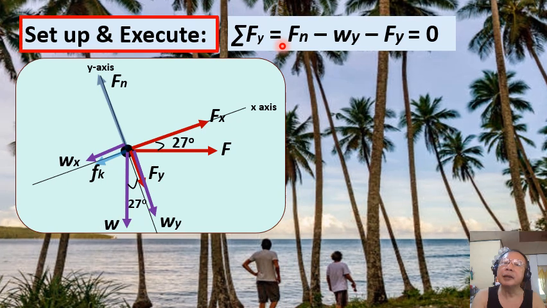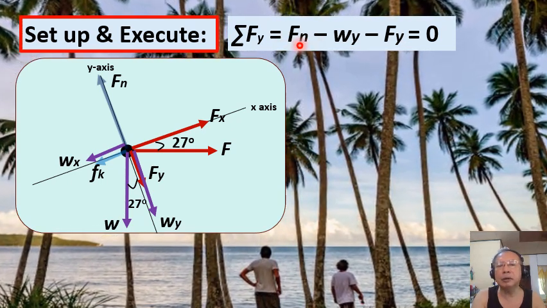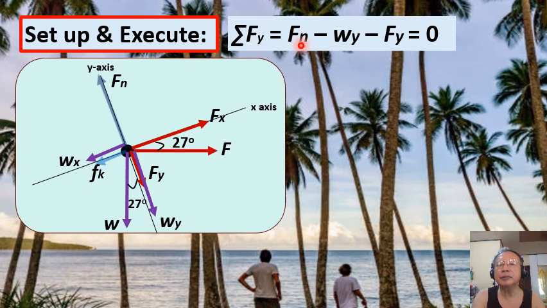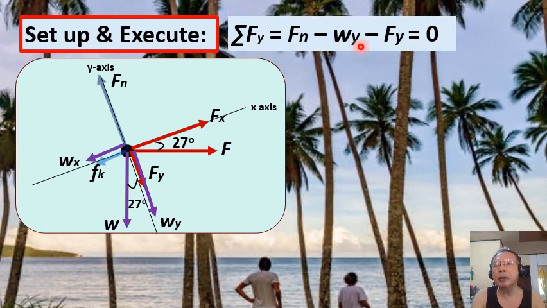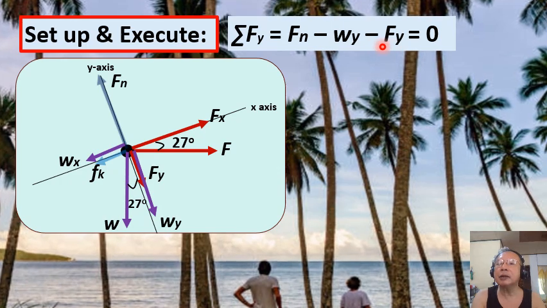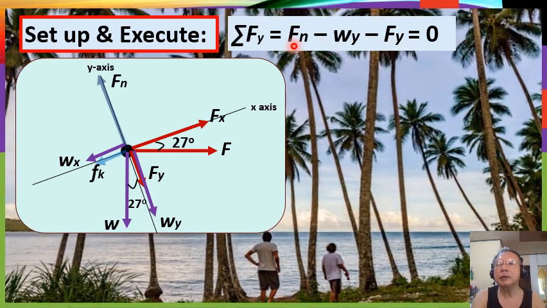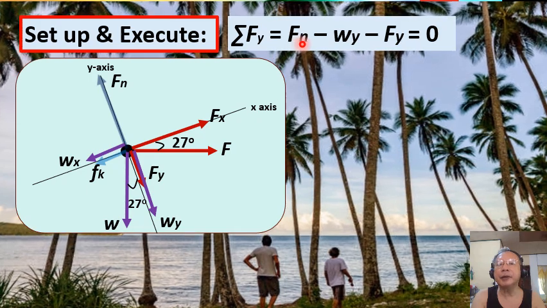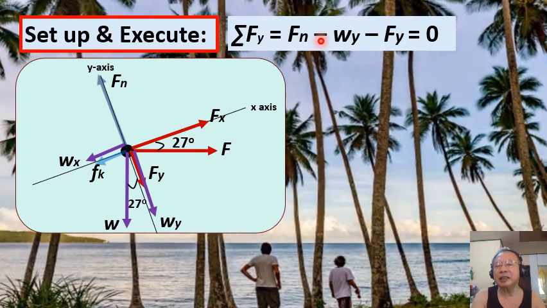This summation is just equal to the vector sum of the normal force, the component of the weight W sub y, and the component of the force F. Fn is directed into the positive y-axis, hence it's positive.